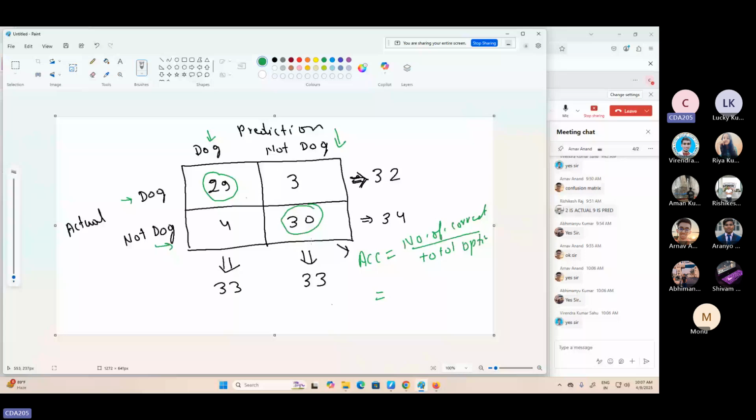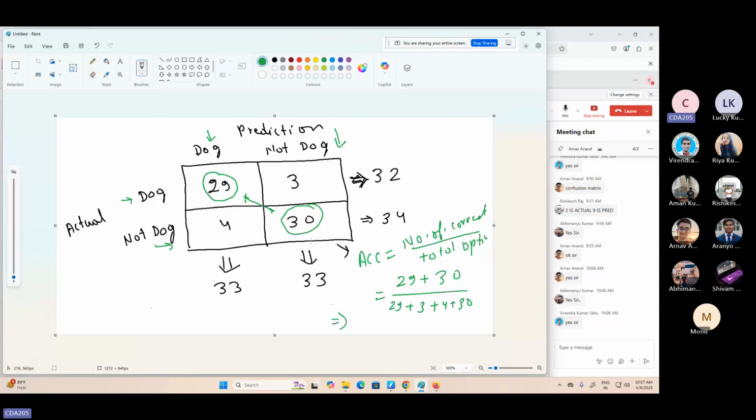So these two values are higher than the others. So it is 29 plus 30 by the total number of options. What is the total number of options? This is 29 plus 3 plus 4 plus 30. So this is the accuracy.